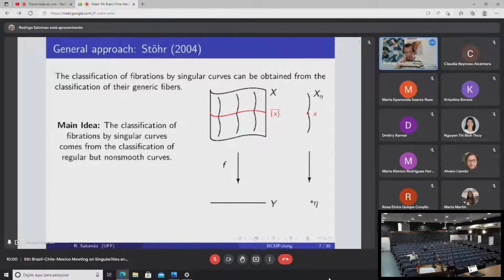Okay, so the idea used by Starr was to classify fibrations by singular curves by classifying their generic fibers.